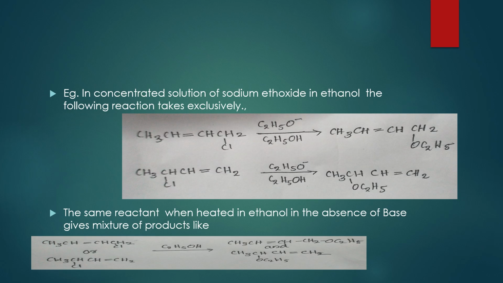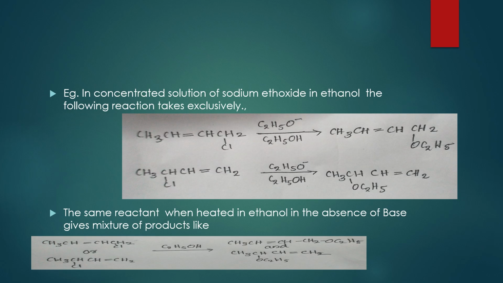The same reactant, 1-chloro-2-butene, when heated with ethanol in the absence of sodium ethoxide or any other base, will take up which mechanism? The SN1 mechanism, because ethanol is a weak base, a weak nucleophile.